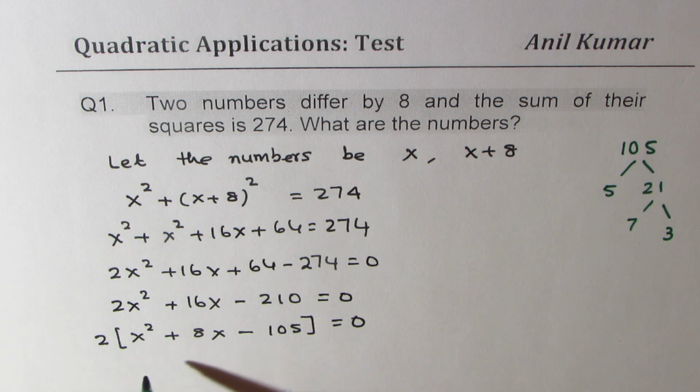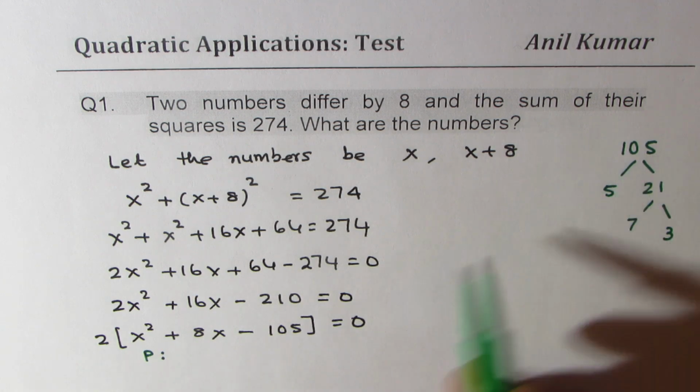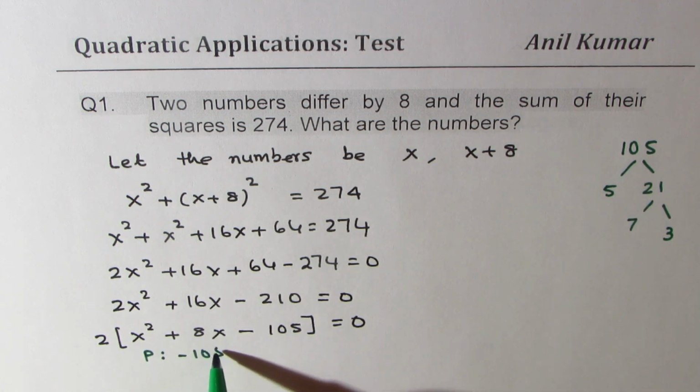So we are looking for product of negative 105, and we are looking for sum of 8. So the two numbers which can give you that is what?